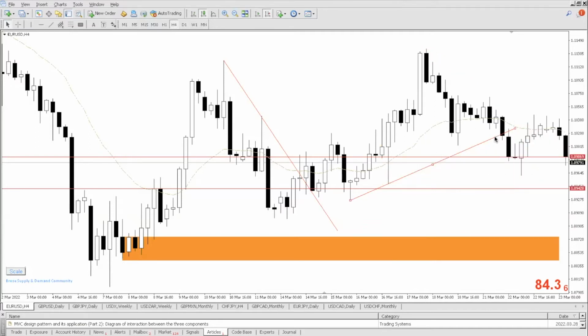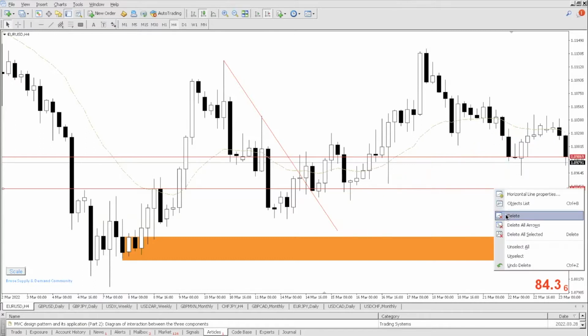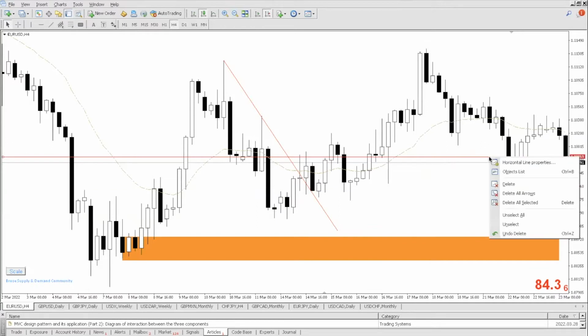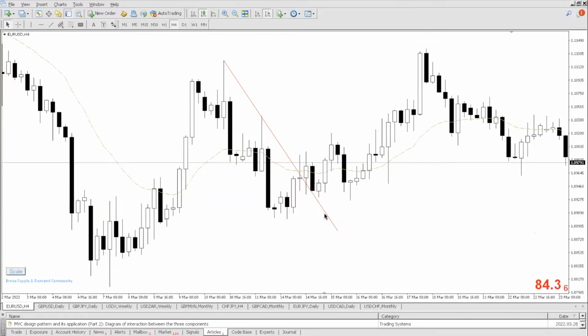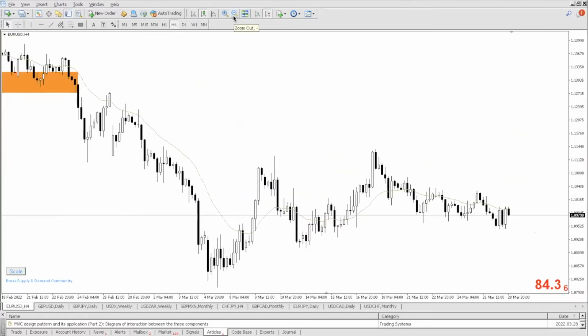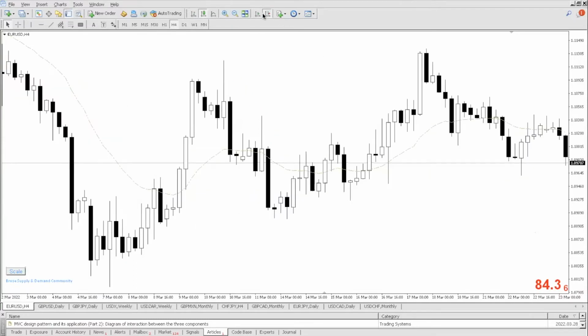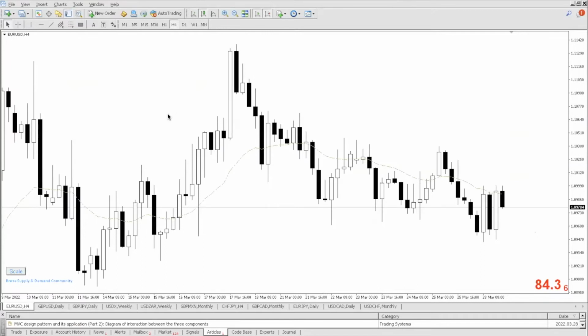This is Euro USD. Let me clean it so that we can bisect it together. All right.